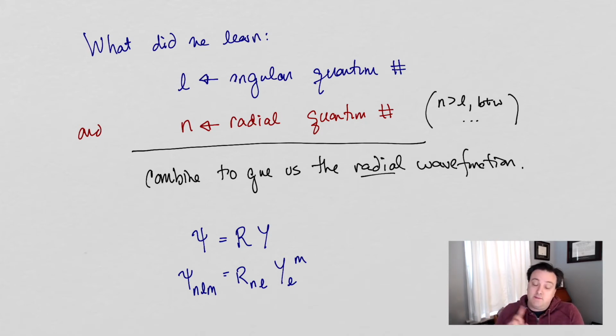And it's important to note that other than the existence of n, which is by far the most important part, the most interesting part of solving this problem, when I do the differential equations, I also come up with the fact that this principal quantum number, the radial quantum number n, has to actually be bigger than l. Okay, and now we can talk about all sorts of reasons why that has to be, right?